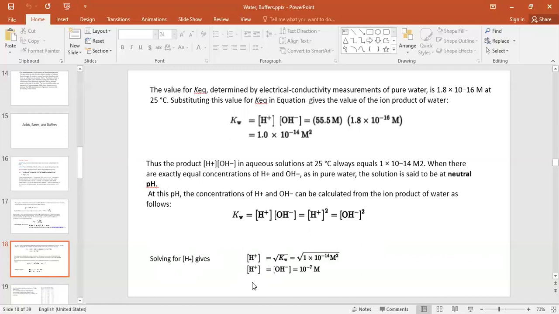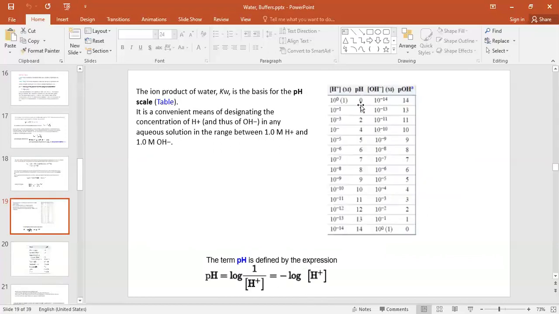So the molar concentration of hydrogen ion equals 10 power minus 7 moles. Now here you see this table which shows pH and different concentrations of hydrogen ions. And the term pH is defined by this expression.